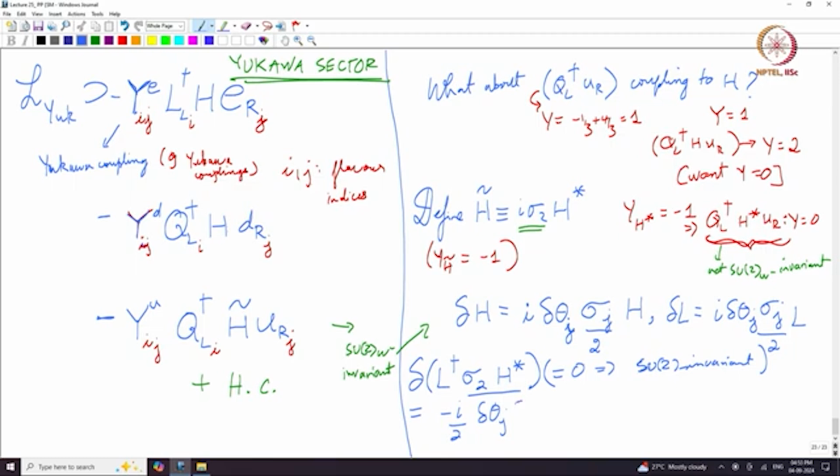Then first, I have to apply the chain rule, right? So then I'm not going to touch the L dagger, so that goes along for a ride. But I have a sigma 2, and since it's the H star, what happens? I get theta j star, correct?